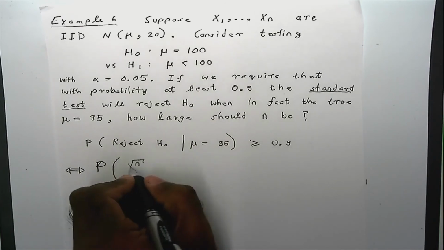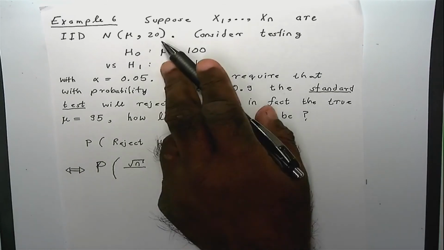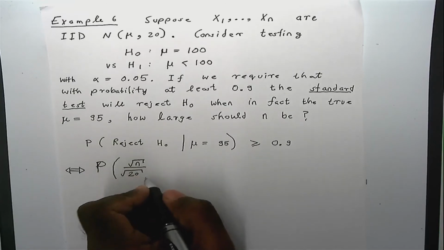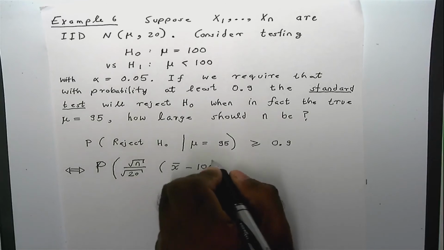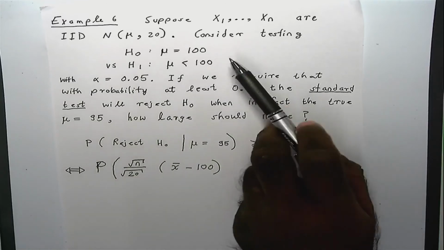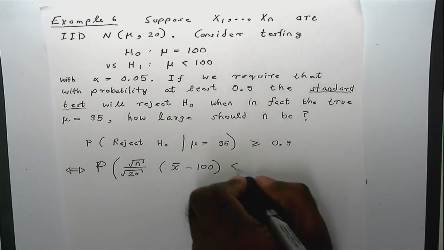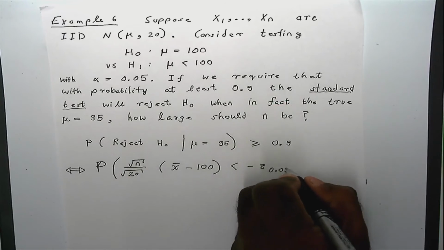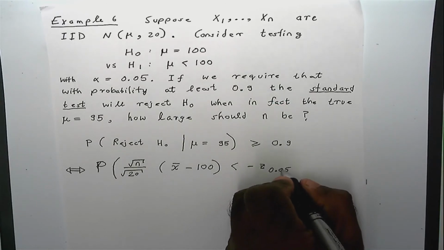Root of n divided by sigma. Sigma is the root of sigma squared, which is root of 20, right, times x bar minus 100. 100 is the value for mu specified under the null hypothesis, right, is less than minus z 0.95.